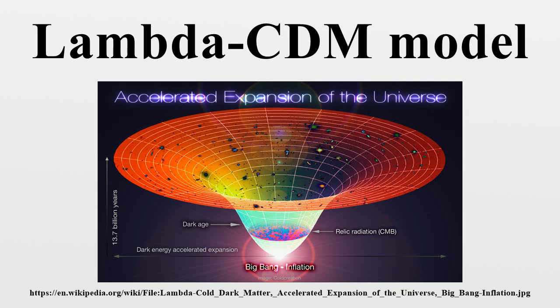The letter lambda represents the cosmological constant, which is currently associated with a vacuum energy or dark energy in empty space that is used to explain the contemporary accelerating expansion of space against the attractive effects of gravity.